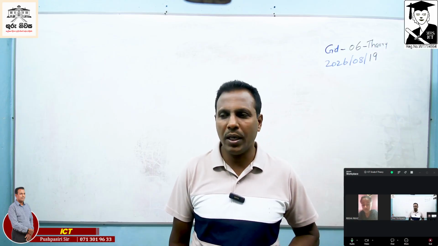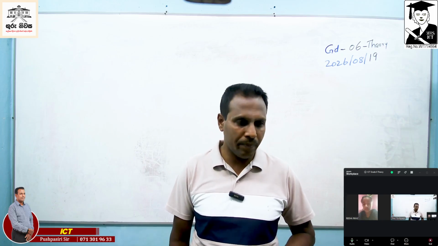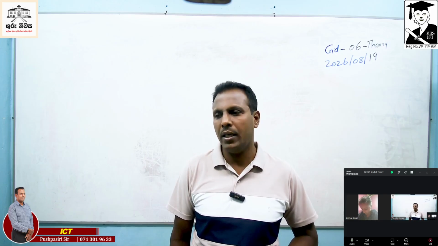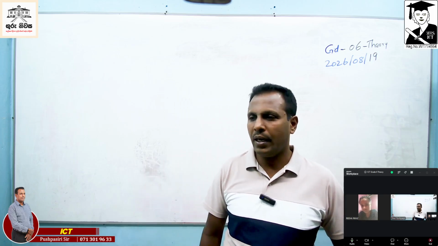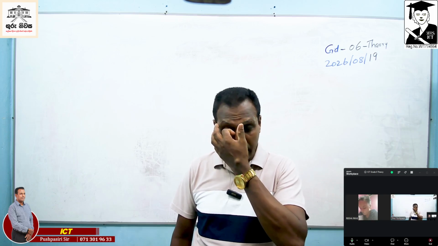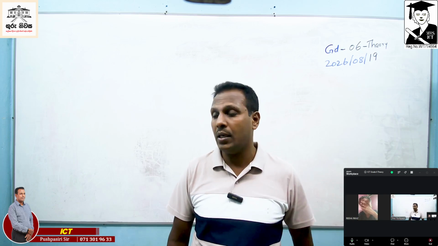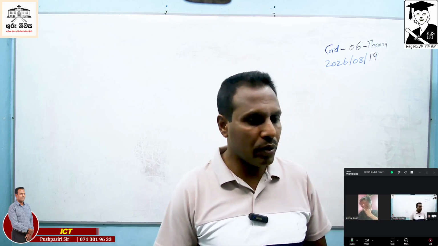So flowchart means we are writing an algorithm in a graphical way. So we understood what symbols we use in flowcharts, right? Then after that we did a small activity on writing flowcharts. Then we went to the workbook. We started doing the workbook, right?